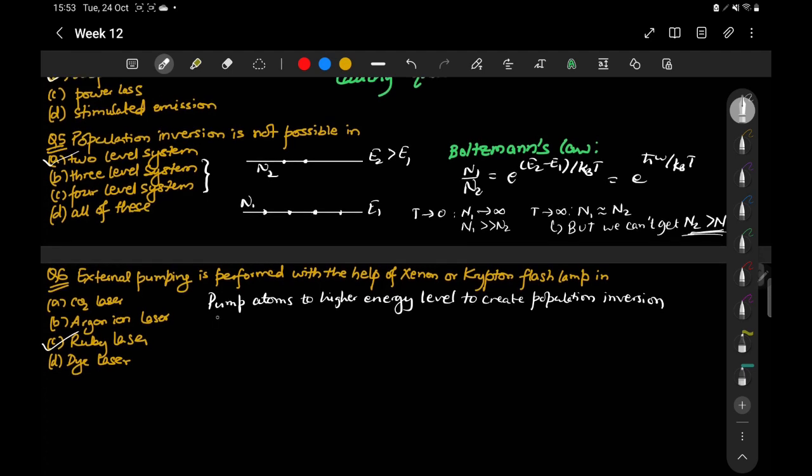And this is done when atoms absorb energy from the lower energy level and then they go to the higher energy level, and only when the situation of population inversion is achieved will we see the lasing action. And ruby laser works on the concept of a 4-level system.